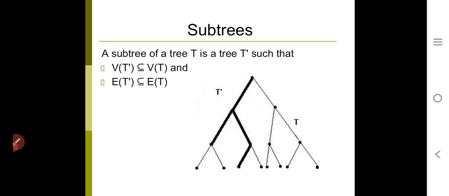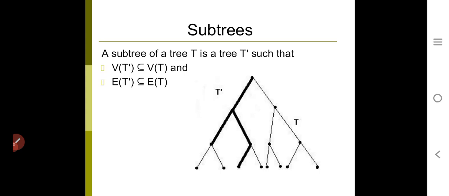Then we start subtree. So what is a subgraph? A subgraph is a graph whose vertices are contained in the main graph. Likewise, a subtree is a tree whose vertices and edges are contained in the main tree.